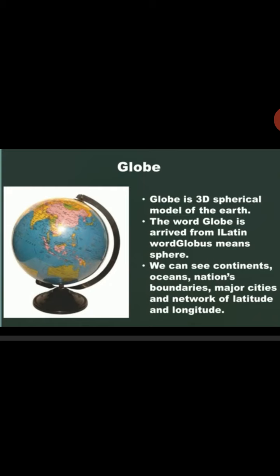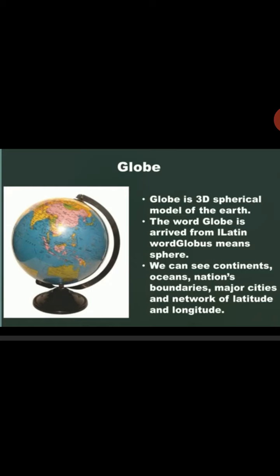So we will discuss more detail about the globe in this chapter. As you know, the globe is a 3D model of the earth. As I explained before also, the globe is a miniature model of the earth. It actually looks like the earth, but it is a 3D model of the earth.